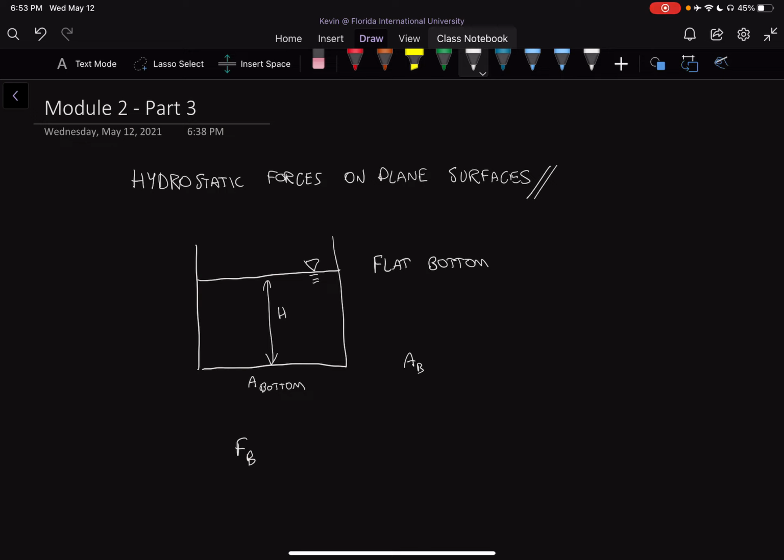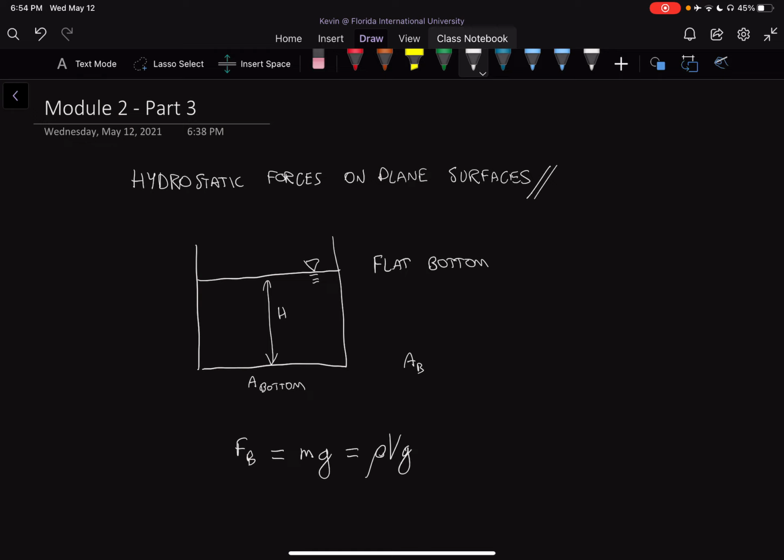Again, the fluid is not moving, it's static, so the only force acting on the bottom is mass times gravity. To go a little further, we can substitute the mass with rho V, density times volume, times gravity.